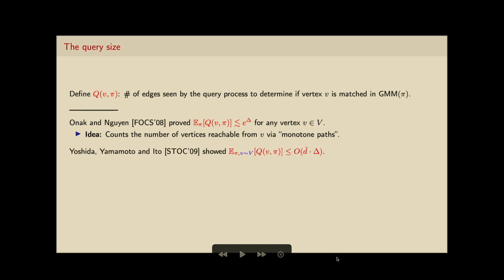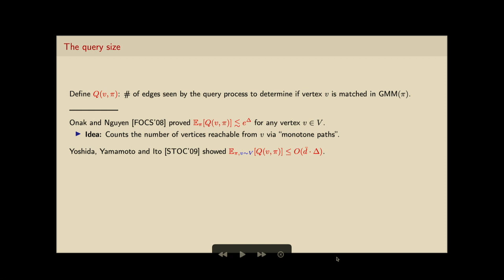In their very nice result, Yoshida, Yamamoto, and Ito showed that for a random permutation, and now, unlike the result of Onak and Nguyen, if the starting vertex is also random, which is the case in our application (remember, we take t random vertices), then this quantity q is upper bounded by the average degree times max degree, so max degree squared, basically. So from an exponential dependence on delta, it immediately improves to polynomial, which is really nice.